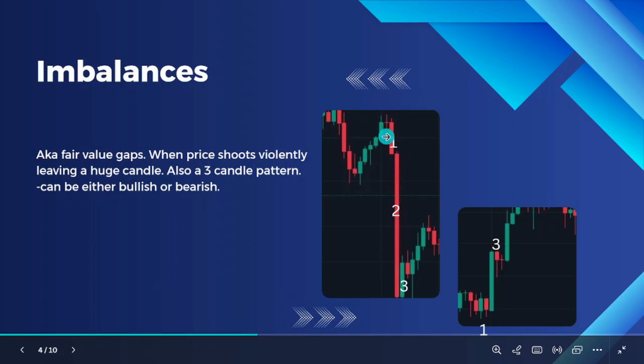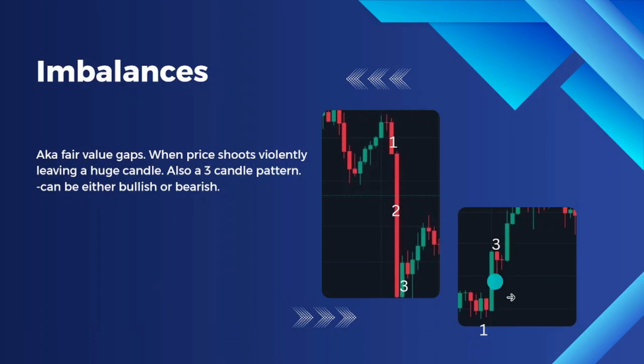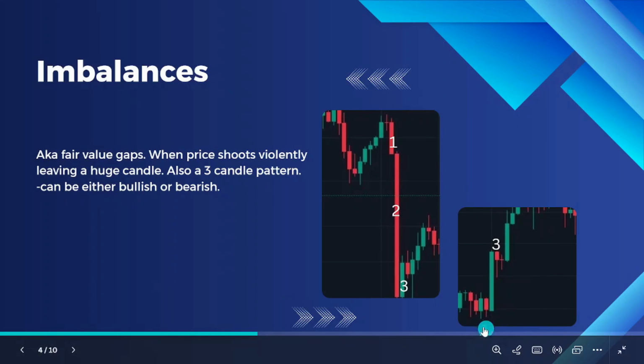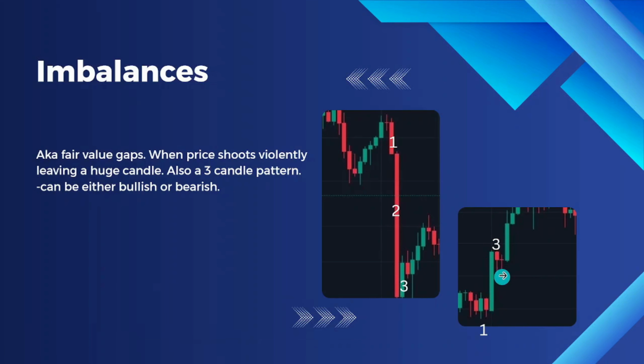You get first candle like that, second candle like this, then you have the third candle, and the gap in between would be your fair value gap. Likewise here, you have your first candle right there, your third candle right there, and this gap in between is your fair value gap. Also, this one would be your fair value gap, with this as the first candle and this here as the third candle.